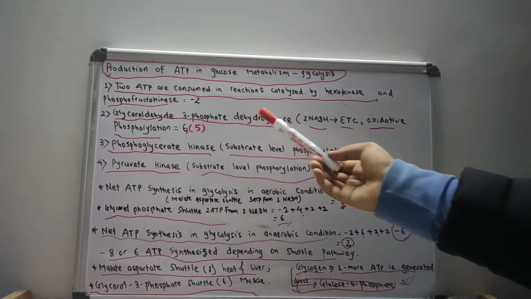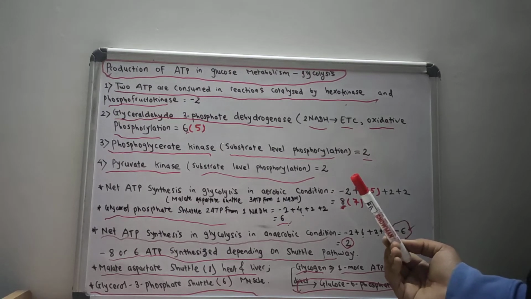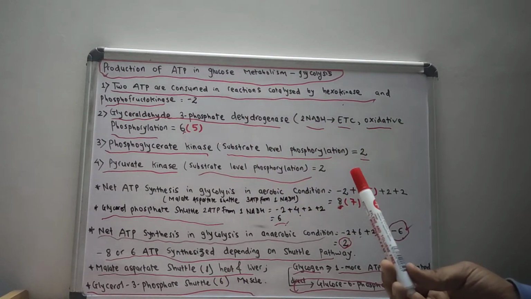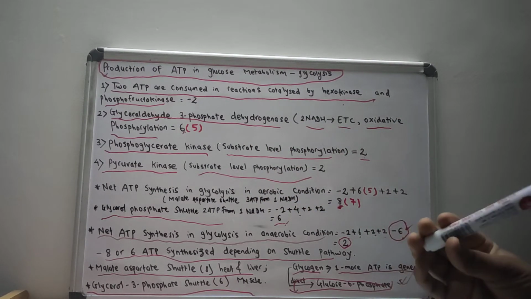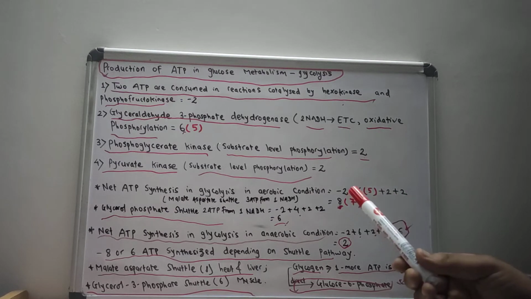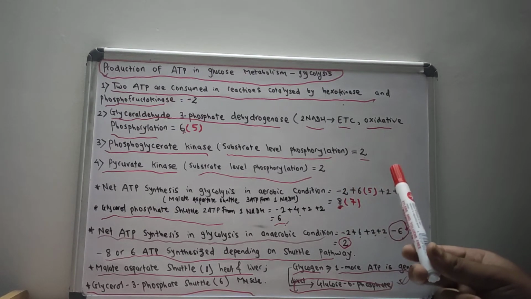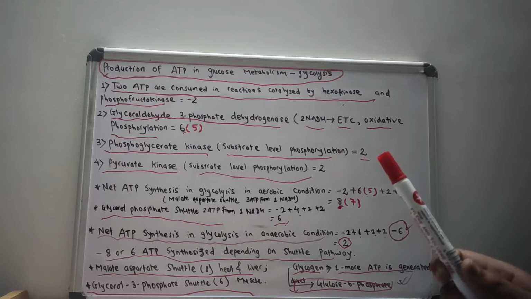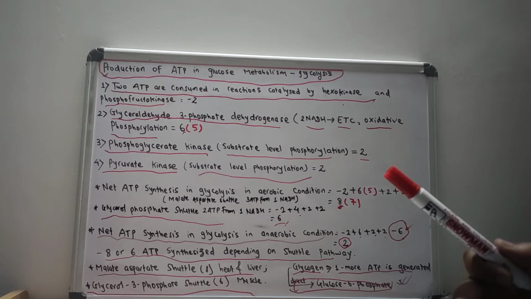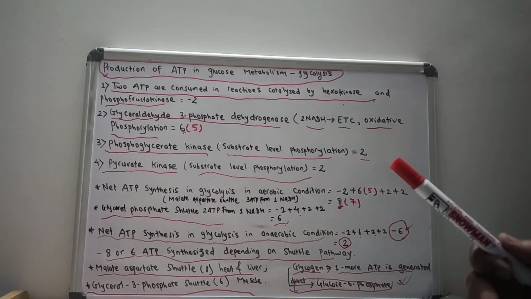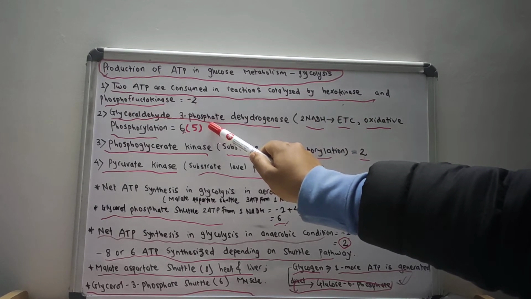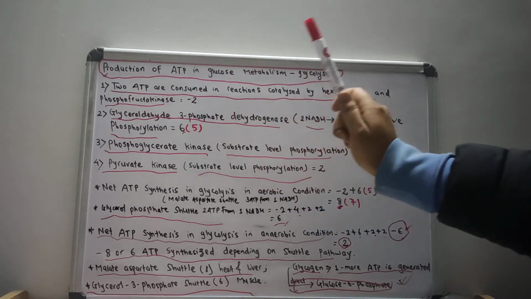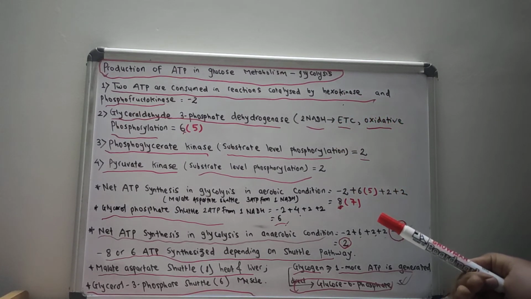For glyceraldehyde 3-phosphate dehydrogenase, I have said that from 2 NADH 6 ATP is produced, but in the bracket I have written 5, because the values in brackets in red color represent the ATP synthesis as per new P:O ratio of 2.5 ATP for NADH, and later on I will say that in the citric acid cycle 1.5 ATP for FADH2. So in glycolysis, as per new P:O ratios, 2.5 ATP for 1 NADH. This is the main thing you have to know.